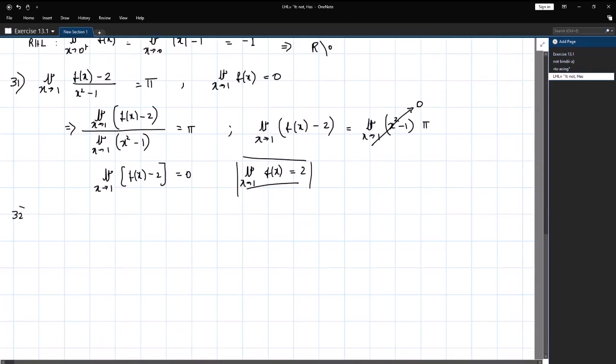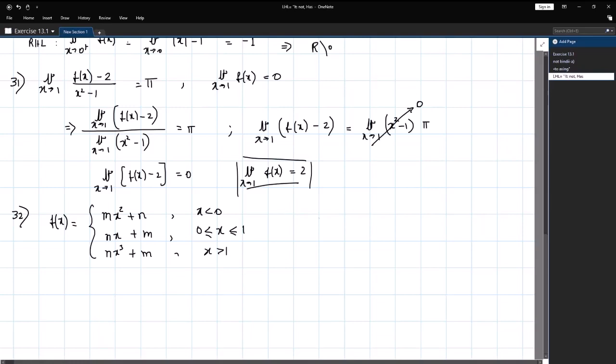Question number 32. Given that f of x is equal to m x square plus n if x is less than 0, and n x plus m if 0 is less than or equal to x and less than or equal to 1, and n x cube plus m if x is greater than 1.